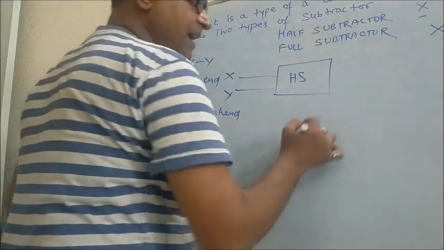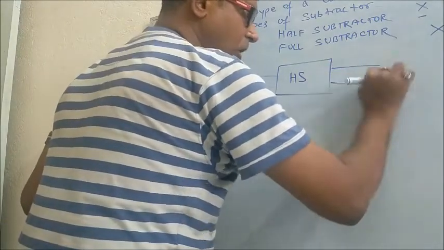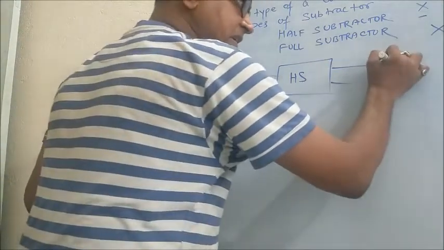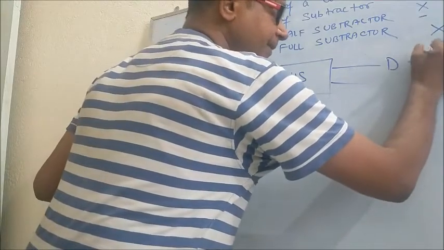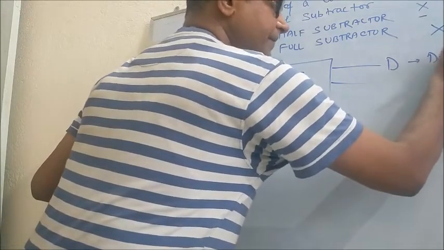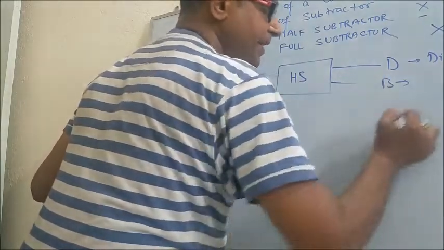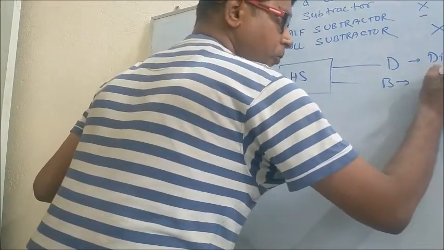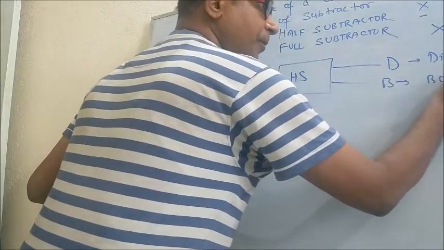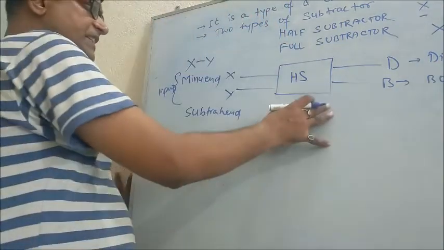On the other hand, we have 2 outputs. First is D. D is for difference. And the second output is B. B is for borrow. So basically, this is the block diagram.